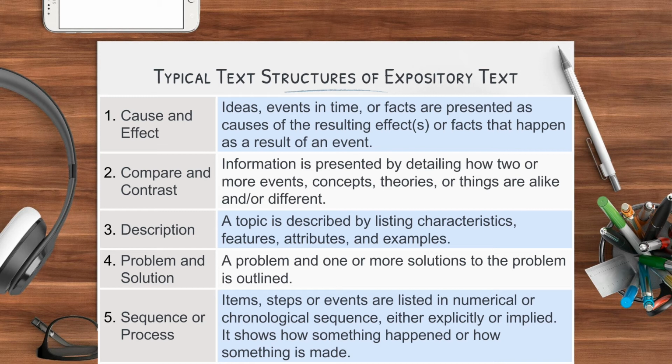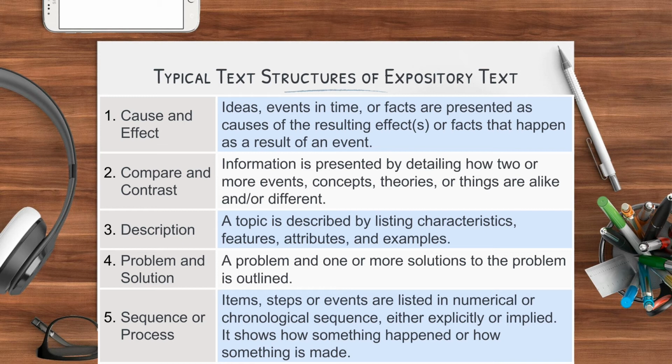In a description, a topic is described by listing characteristics, features, attributes, and examples. Number 4, problem and solution. A problem and one or more solutions to the problem are outlined. Number 5, sequence or process. Items, steps, or events are listed in numerical or chronological sequence.